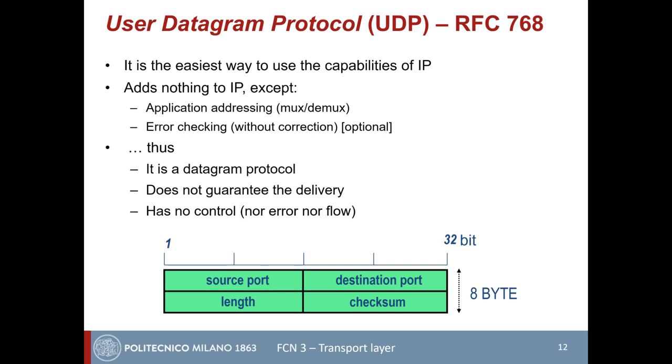So that is the datagram, and this is why it is called User Datagram Protocol. In particular, each segment of UDP is encapsulated in one and only one packet. So the relationship between packets and UDP segments is one-to-one, while for TCP it is not like that, as we will see.